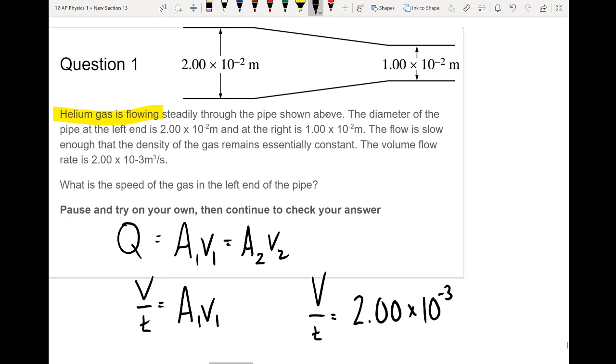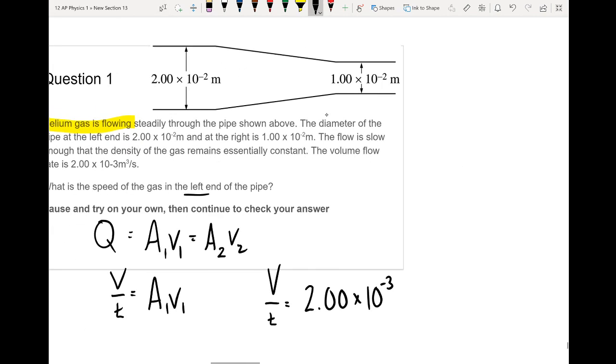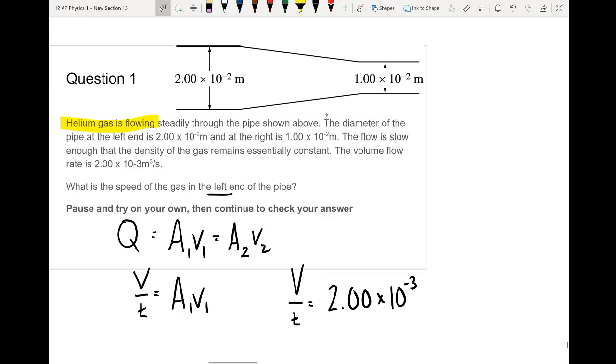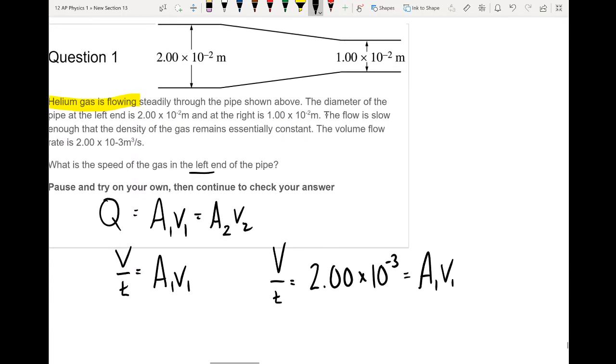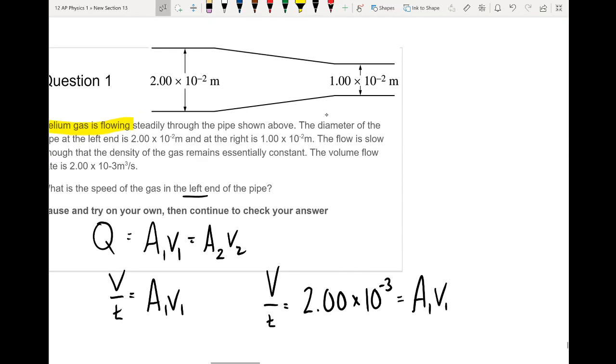We want to know the speed in the left end of the pipe, and thankfully we know the diameter at the left end. So we want to solve for V1, using A1 times V1. We don't directly know A1, but we can solve for it. The diameter at the left end is 2 times 10 to the negative second, which means the radius is half of that, 1 times 10 to the negative second.